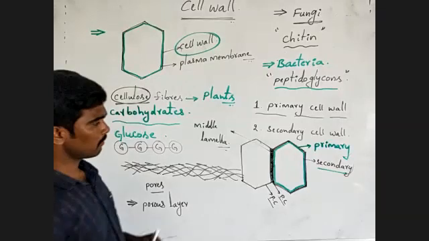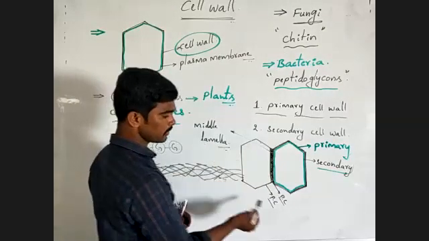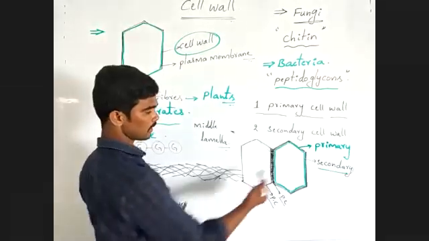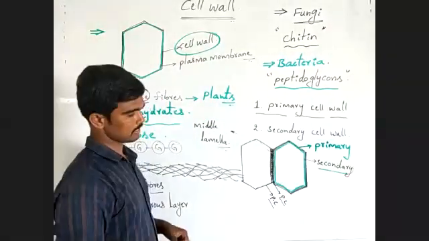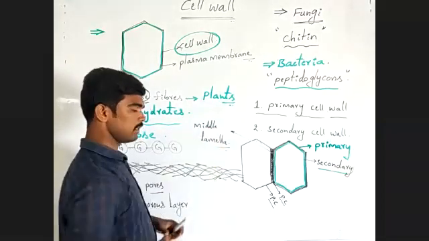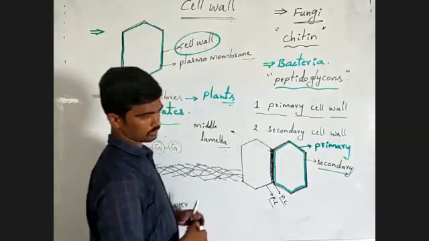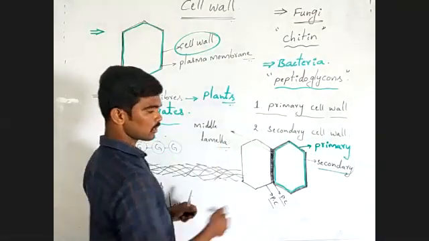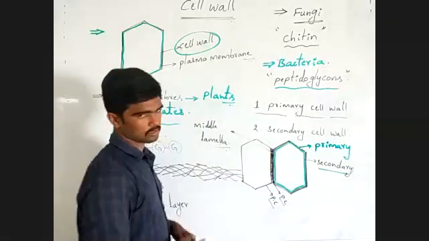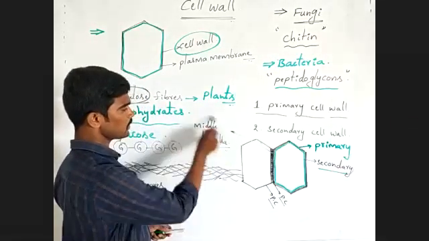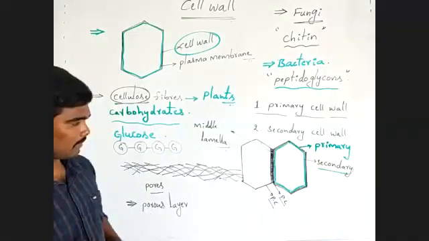Understanding? Middle lamella is present between two neighboring, adjacent cells. What is the use of this middle lamella? The middle lamella joins or attaches the two cells. This is the use of the middle lamella.